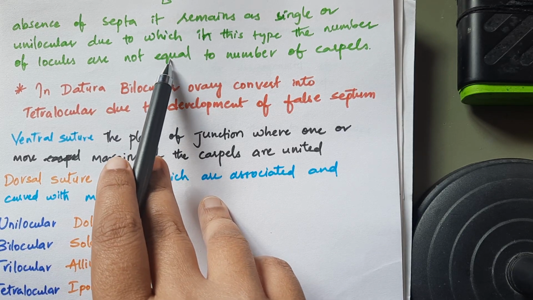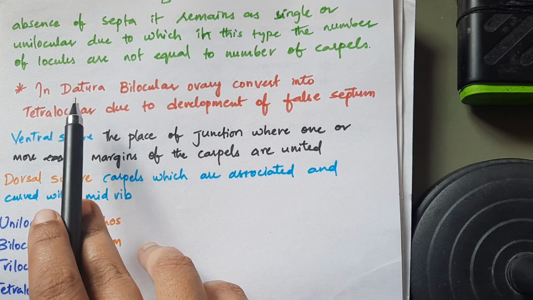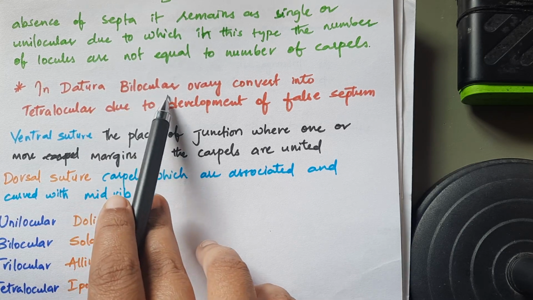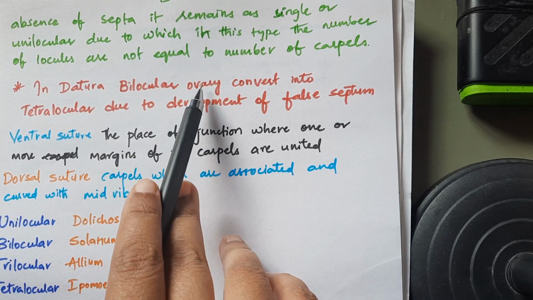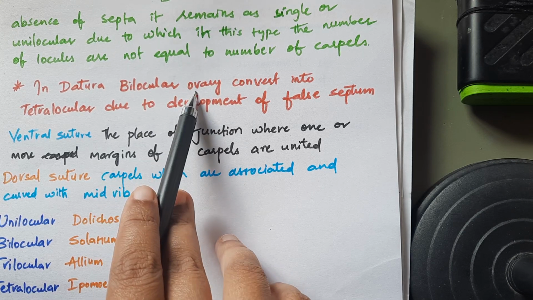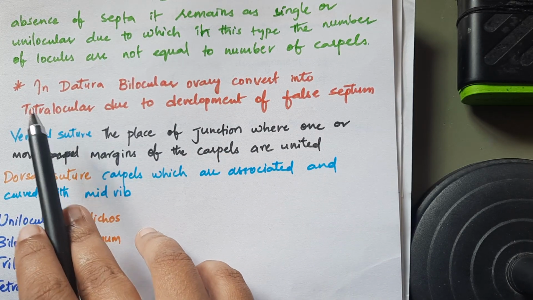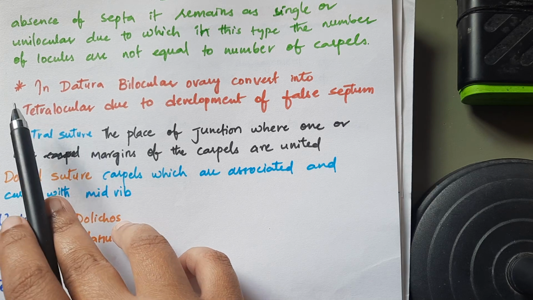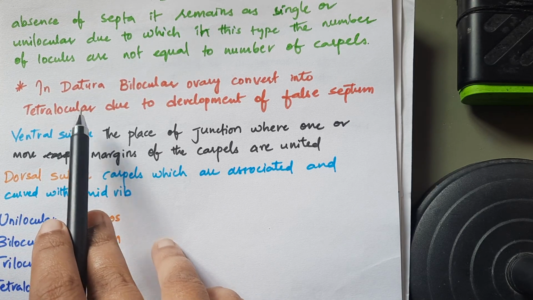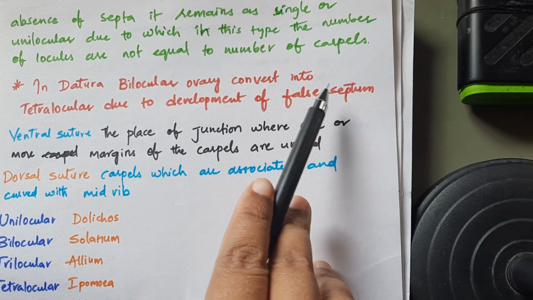In Datura, generally a bilocular ovary is there, means 2 locules are there. But here these 2 locules are converted into 4 locules. It is becoming tetralocular. Why? Due to the development of false septum.